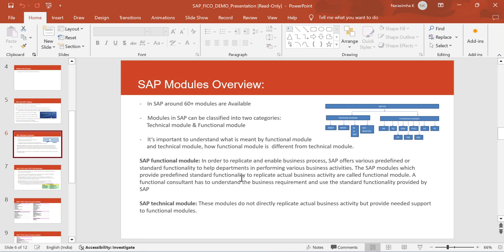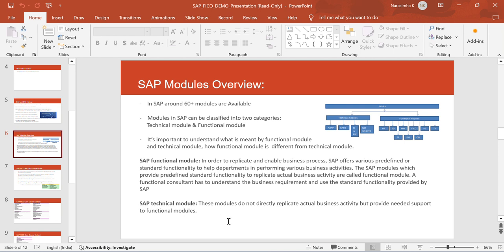We can simply collect the business requirement and configure it in SAP. With the help of the functional module, a functional consultant has to understand the business requirement and use the standard functionality provided by SAP. The functional consultant takes the requirement from the business and configures it in SAP. This is possible through the functional module.